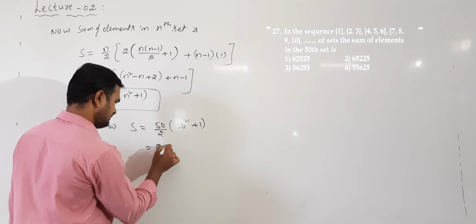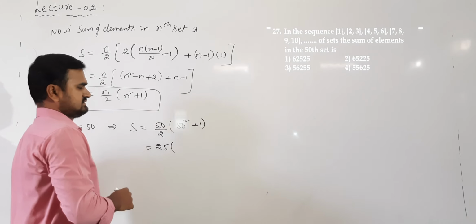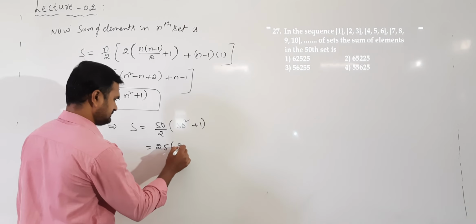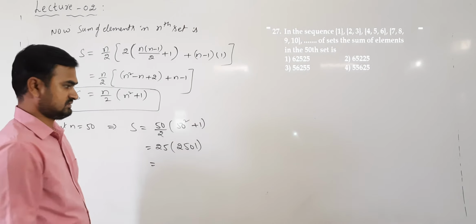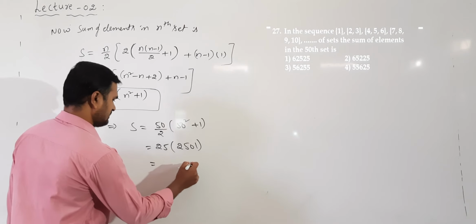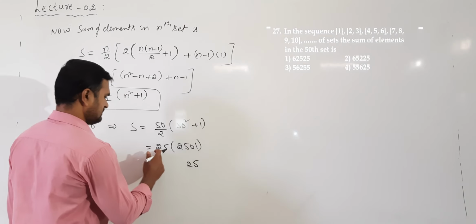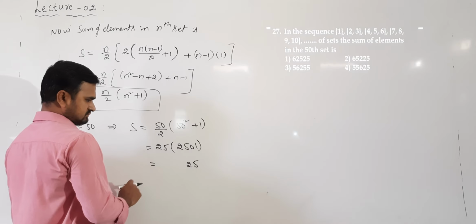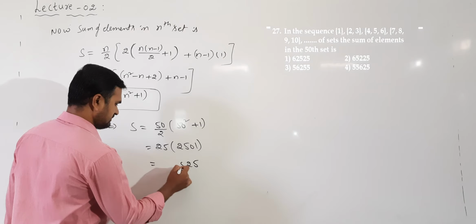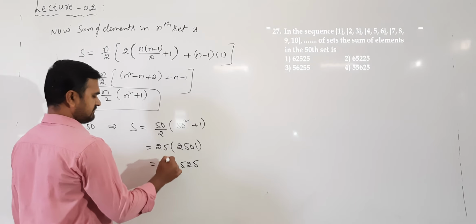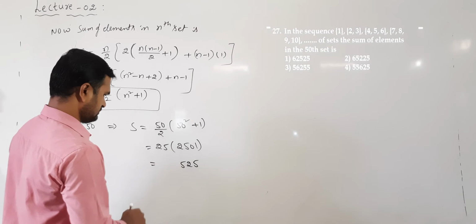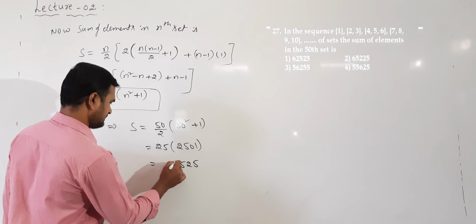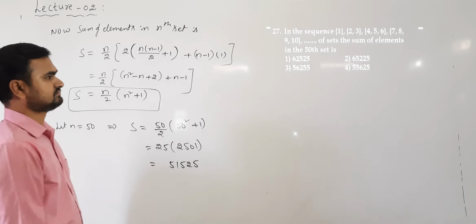So 25 into 2500 plus 1, which is 2501. Just multiply by 25. So 25 into 5 is 125, 50, 25 into 2 is 50, 51. Right?